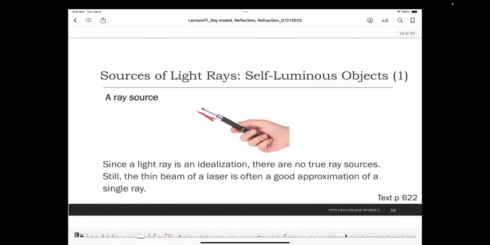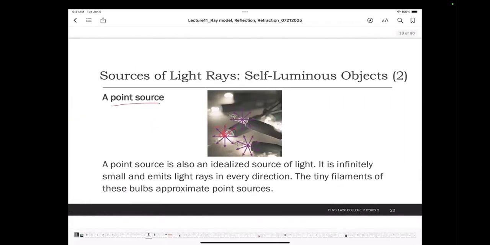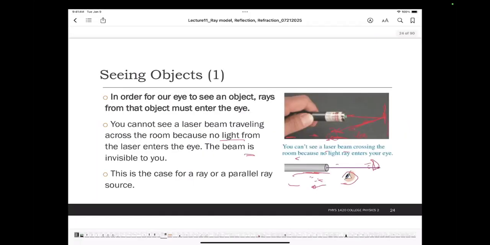For small, tiny filaments of these bulbs, even though it is very small, it emits rays in different directions. So our eyes can see that. Does it make sense to you?